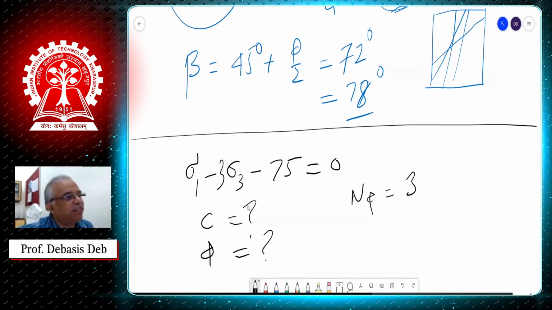And once phi is 30 degree, or N phi you already know, 2C square root N phi is given 75. So it's very easy. You can find out the value of C. So that is the cohesion and angle of internal friction. So by triaxial test, we normally calculate this.